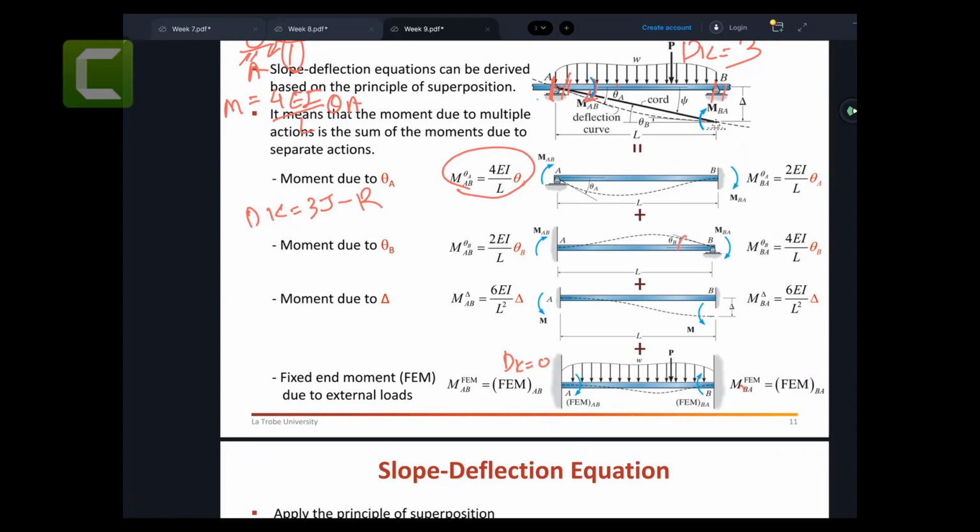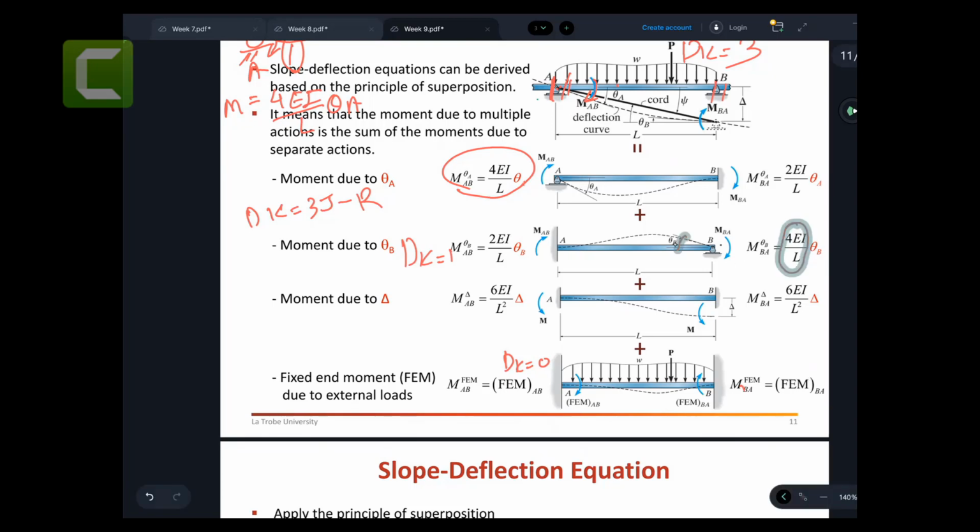So that is again a kinematic degree of indeterminacy equal to 1 for this structure, which is theta B. Same structure: the amount of moment required to cause unit rotation 1 is 4EI on L, and it is an elastic region, so times theta B. So the amount of moment required to cause theta B is 4EI on L theta B. So that is the 4EI on L theta B moment.